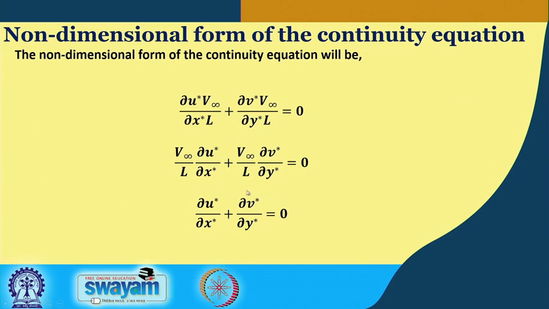You see this non-dimensional equation has the same form as the dimensional form. The only thing is that it is replaced by the non-dimensional velocity and non-dimensional length parameters. So, this is a very straightforward way of finding the non-dimensional form of the continuity equation.